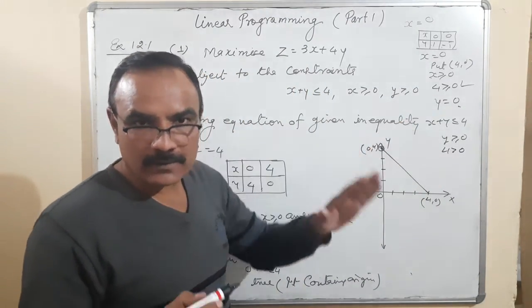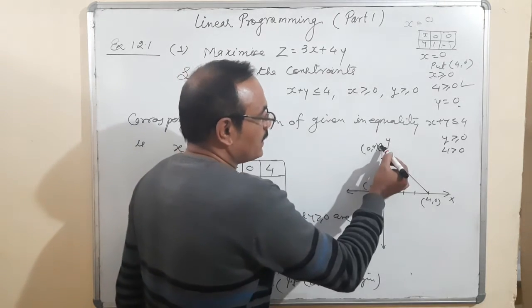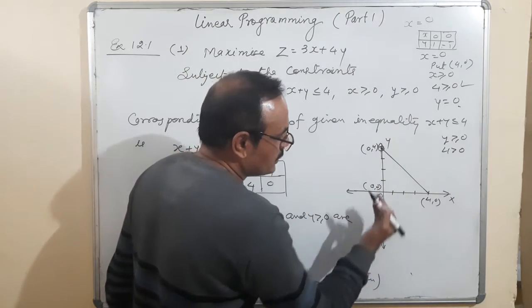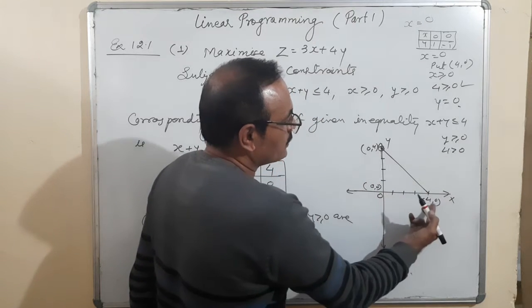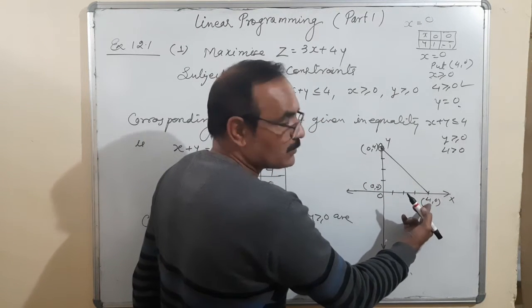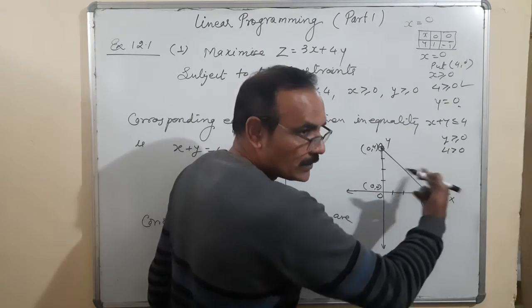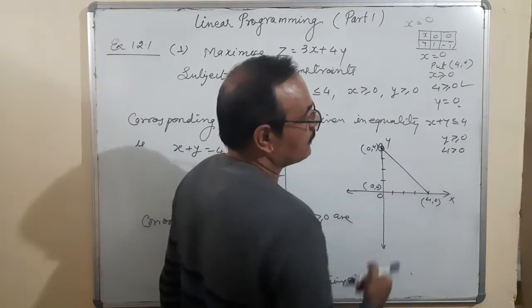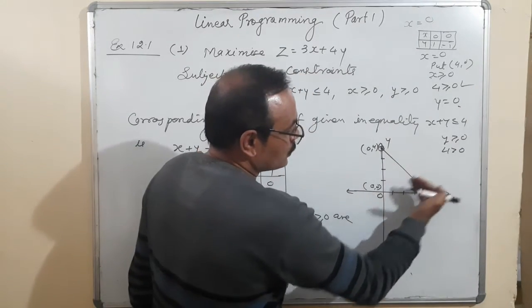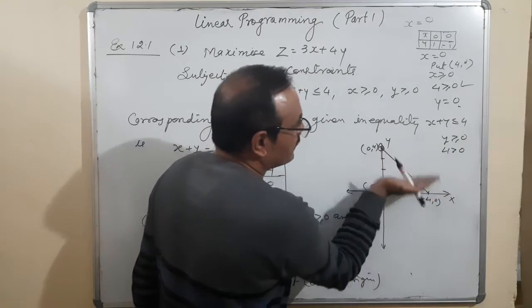We are checking whether the feasible region is towards right or left of it. I have taken 4 comma 0. This point is containing, that means towards right. In that line, this is containing towards up. So it is towards origin, to the right, and to the up.